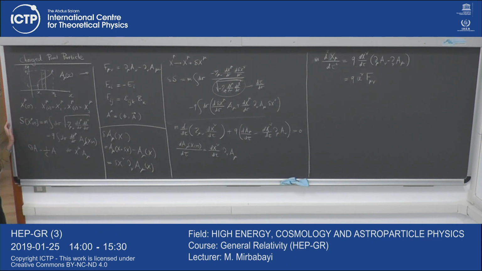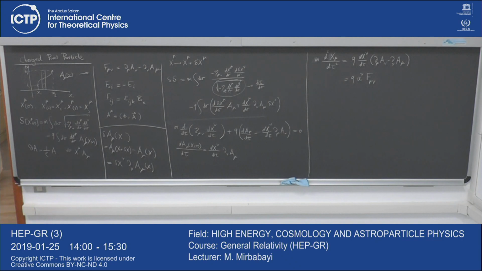This is not a good alternative because it's not invariant under shifting the origin. If I just take the origin of the coordinates and put it somewhere else, that will introduce a non-zero change in this action, while physically nothing happened.